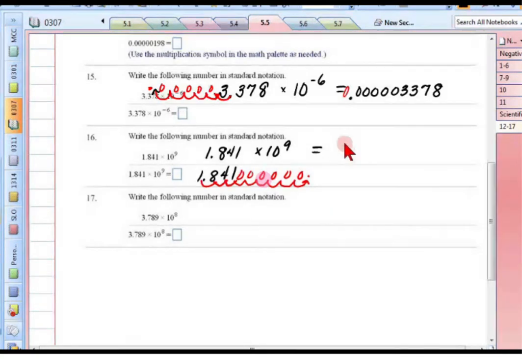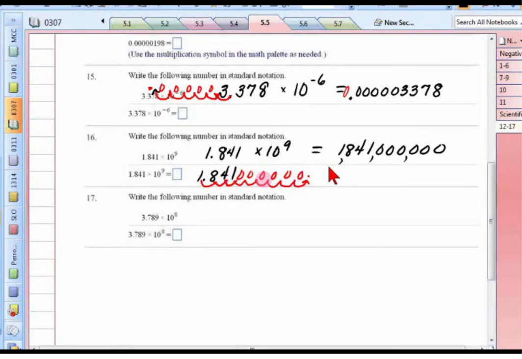My answer is 1841000000. I will put the commas in that. And I think that's 1,841,000,000. And if they get a whole lot bigger than that, I can't even say the names of them.